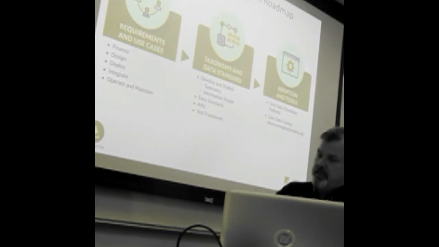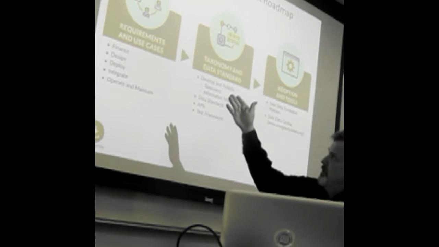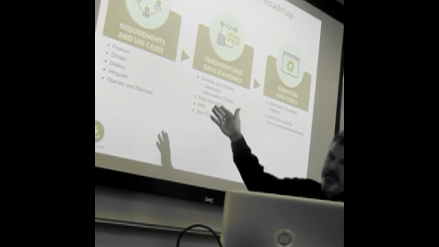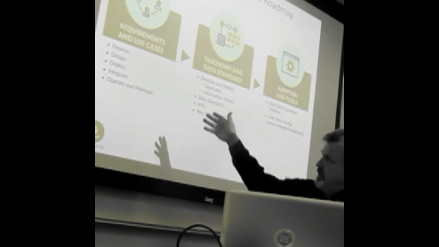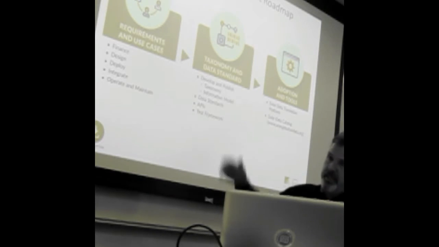All right, so I mentioned that this is a 2-year program, and we're about 18 months into it. In the early stages, we went through requirements gathering, and we've developed use cases covering at least these 5 areas: finance, design, deployment, integration, and operating and maintaining systems.